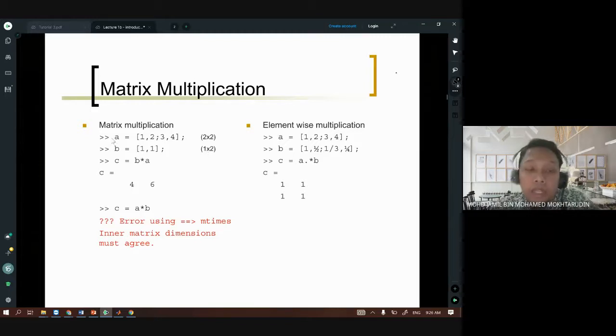So if you multiply A and B, 2 by 2 multiplied by 1 by 2, you cannot multiply because size dekat ujung ni, size A ialah 2, size B ialah 1. So 2 darab 1 tak boleh, tak sama saiz.